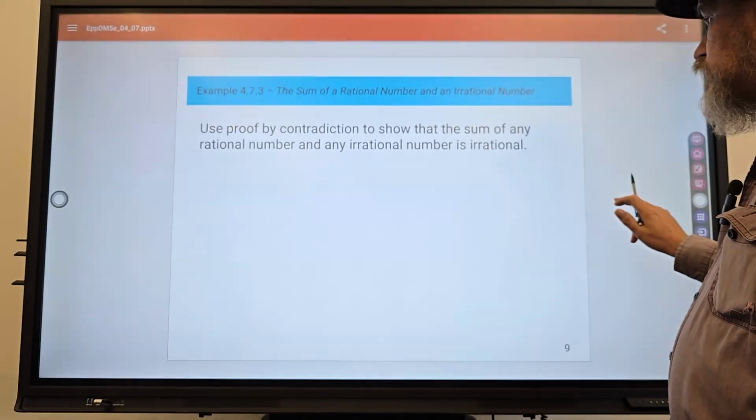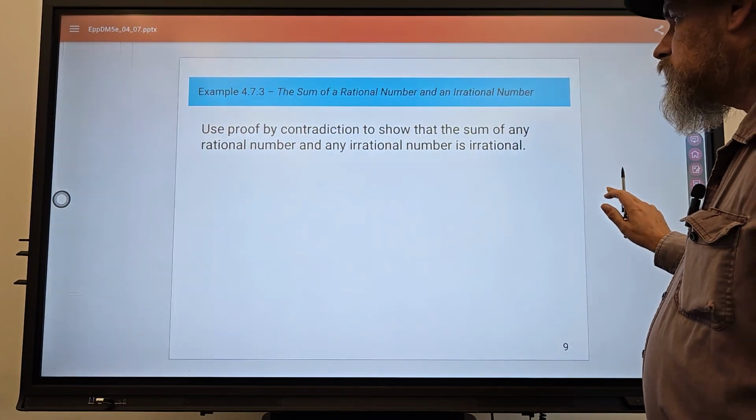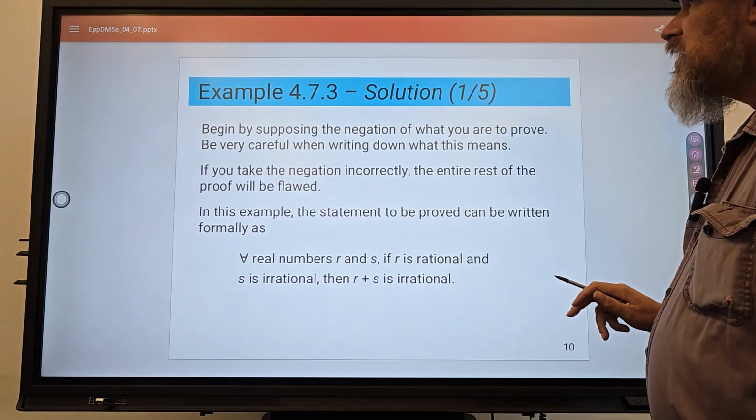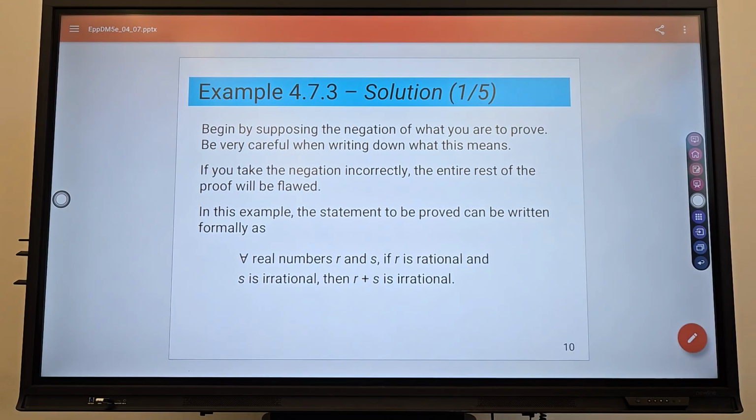It goes a little bit more formally through it. Begin by supposing the negation of what you are trying to prove. If you take the negation incorrectly, the entire rest of the proof will be flawed. In this example, the statement to be proved can be written formally as, for all real numbers R and S, if R is rational and S is irrational, then R plus S is irrational.